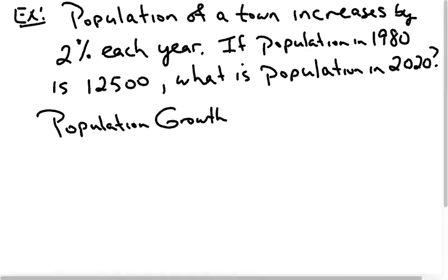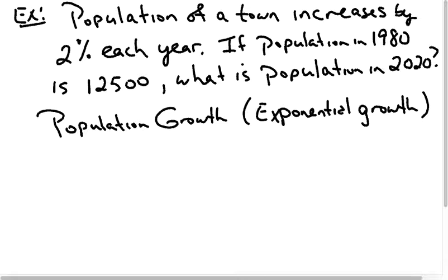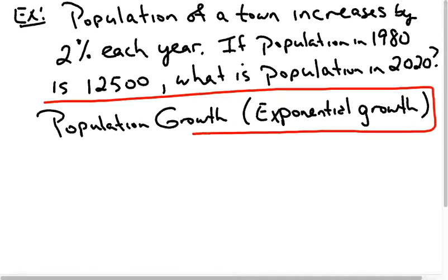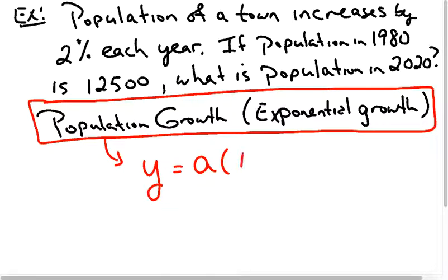We could also refer to this as exponential growth. And I'll have to check and see what the formula sheet has. I think this might be on the formula sheet also. But to find population or exponential growth, our new amount is going to equal our starting amount, 1 plus r raised to the n.